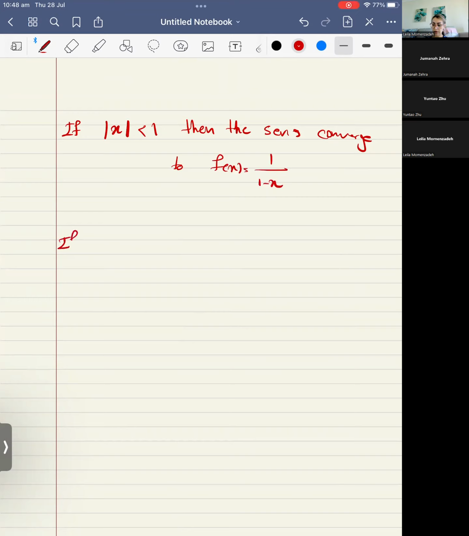And if the absolute value of x is more than or equal to 1, then the series diverges and doesn't define a function.